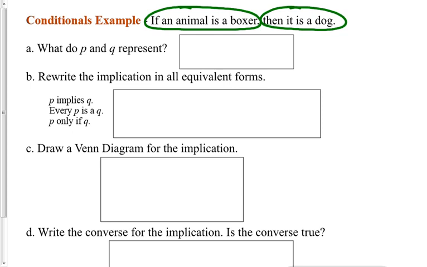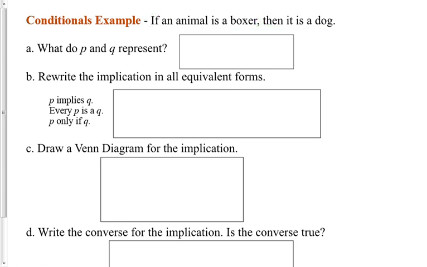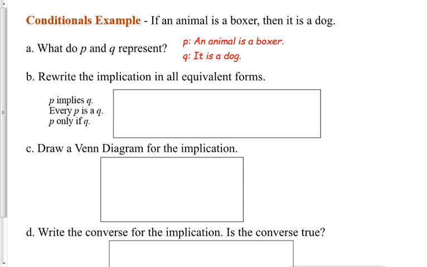So the first part of this conditional, we could identify as being statement P. The second part could be statement Q. So an animal is a boxer is statement P, and it is a dog is statement Q.